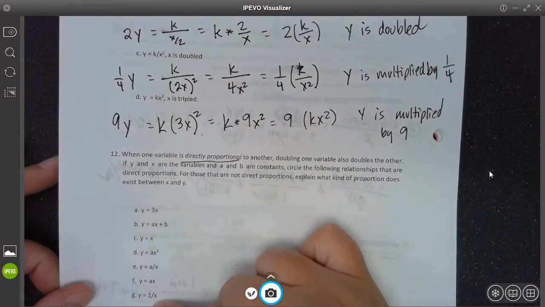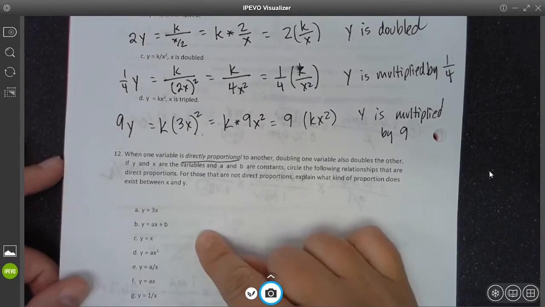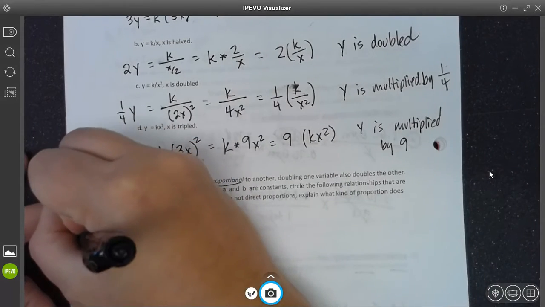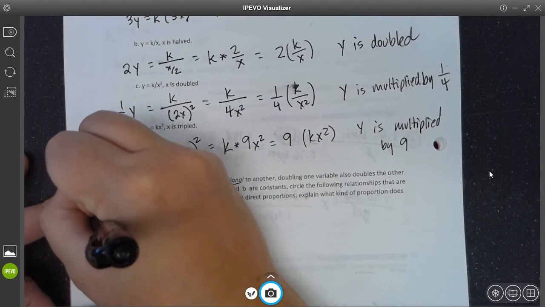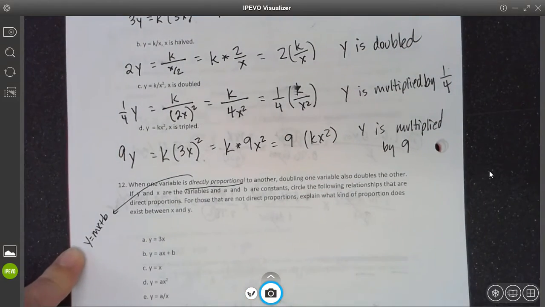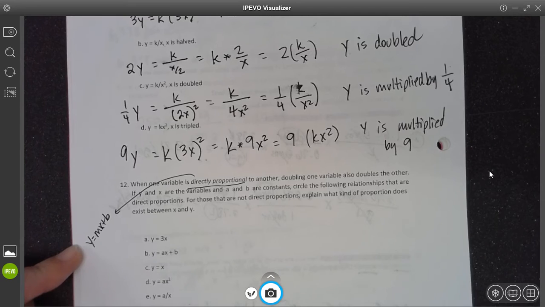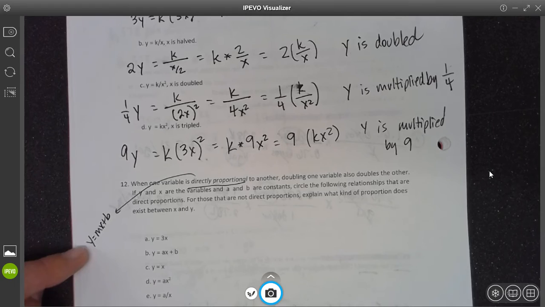If you look at this and you have something that's in the form y equals mx plus b, this is directly proportional. So if you don't have anything with squared, if you don't have anything with exponents, if you don't have anything where you have a variable that's in the denominator of a fraction, it's going to be directly proportional.